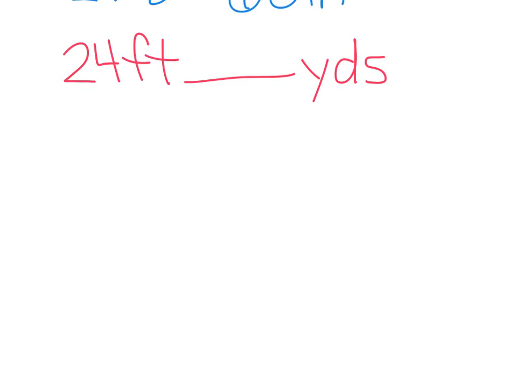Okay, guys, so the first thing that we had to decide is if we were going from small to big. Are we going small to big or big to small? Small to big, so what do we do to the pig? We divide the pig. Very good. So let's put feet to yards, okay?